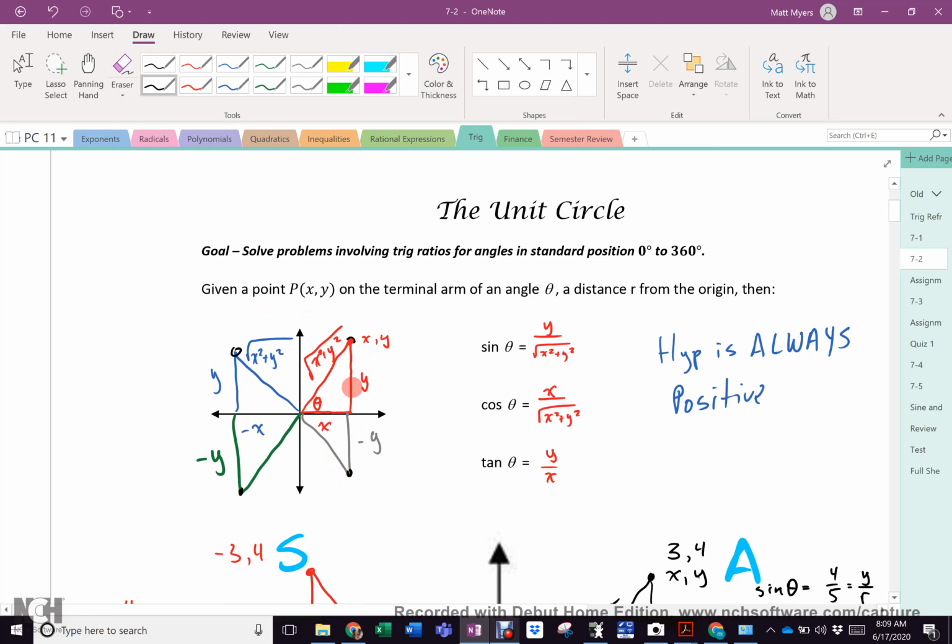So that would give me y up, x here, and that, since it's the hypotenuse, will be x squared plus y squared. And you will notice that in red, I got positive y, because that's opposite, over the hypotenuse to make sine. Here, it would be positive y over the hypotenuse, right?